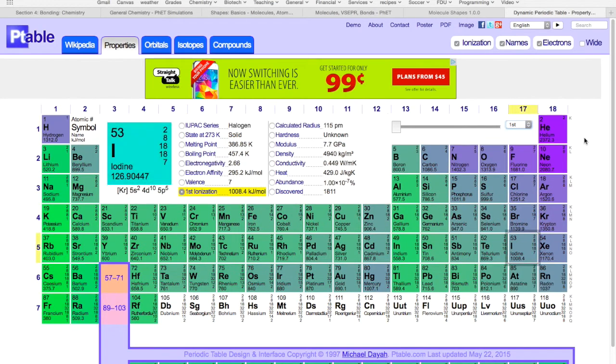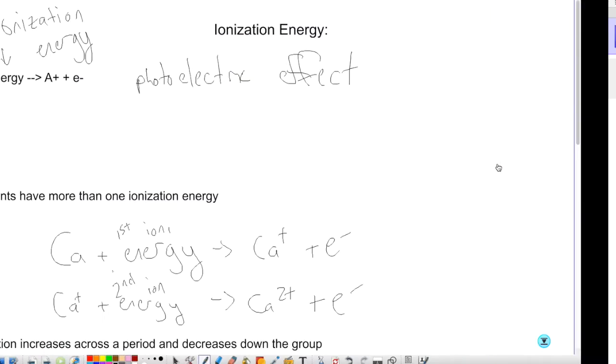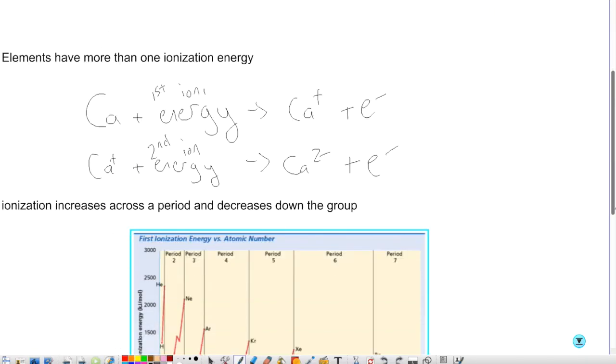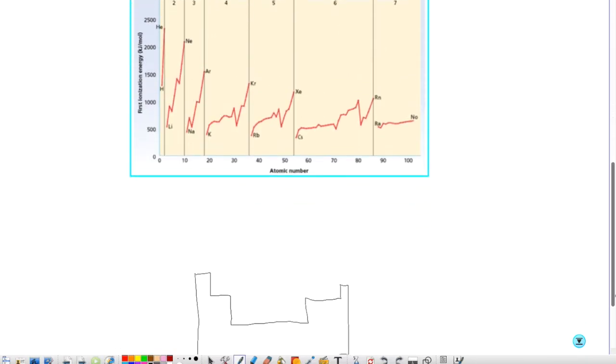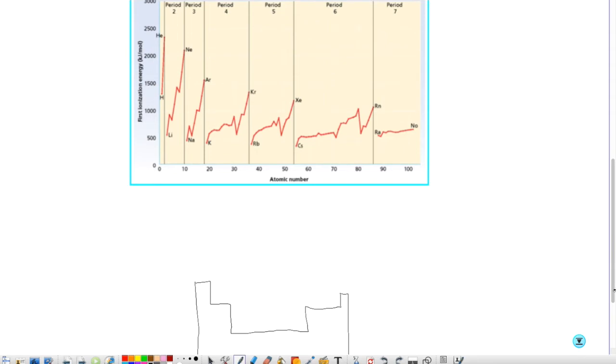So let's go take a look at the first ionization energies again, and let's talk about nitrogen to oxygen. So here's sort of these trends again. If I diagram the outermost subshell for nitrogen, what I'm going to get is something that looks like this.